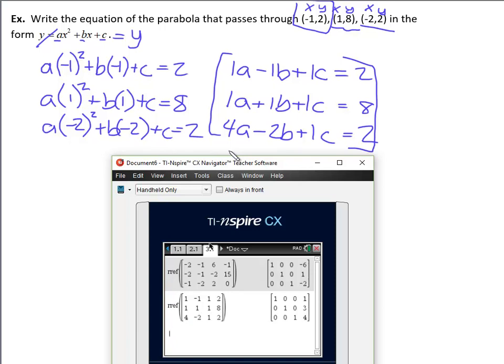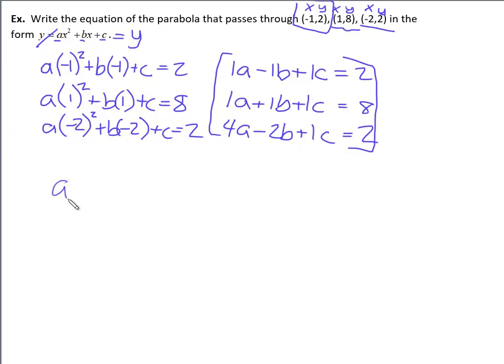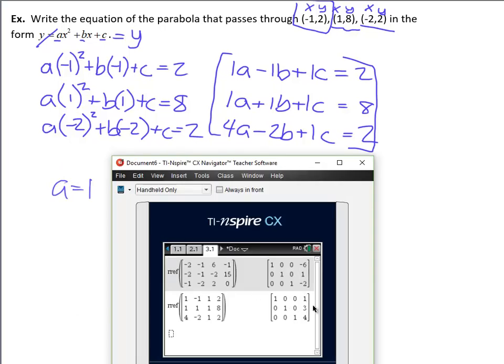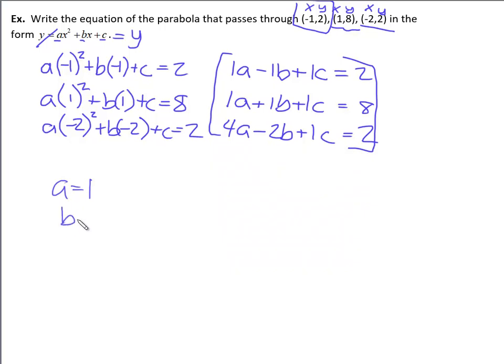I can see that the system does have exactly one solution, and that A, this is my A column, is equal to 1. Looking back at my calculator, it tells me 1B is 3, and 1C is 4. So B equals 3, and C equals 4.